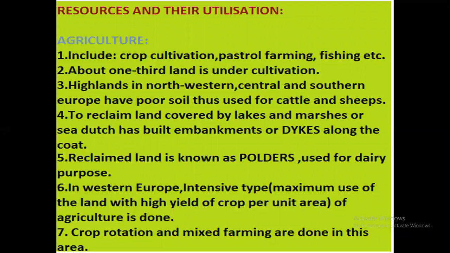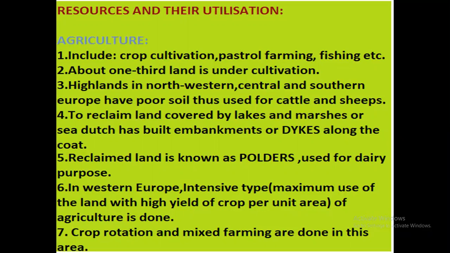Anyways, regarding this fourth point, I should explain what happened in the case of Europe. Many places are covered by lakes, marshes, sea, etc. In order to bring that area into use, Dutch people have built embankments.